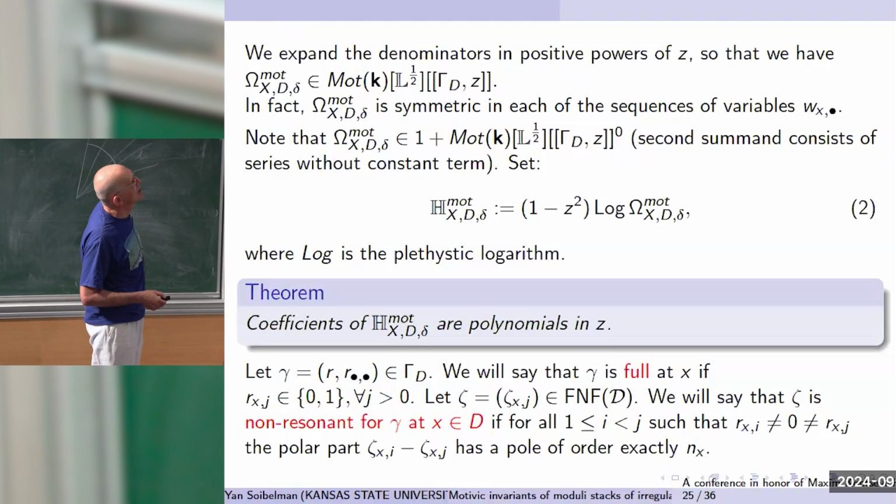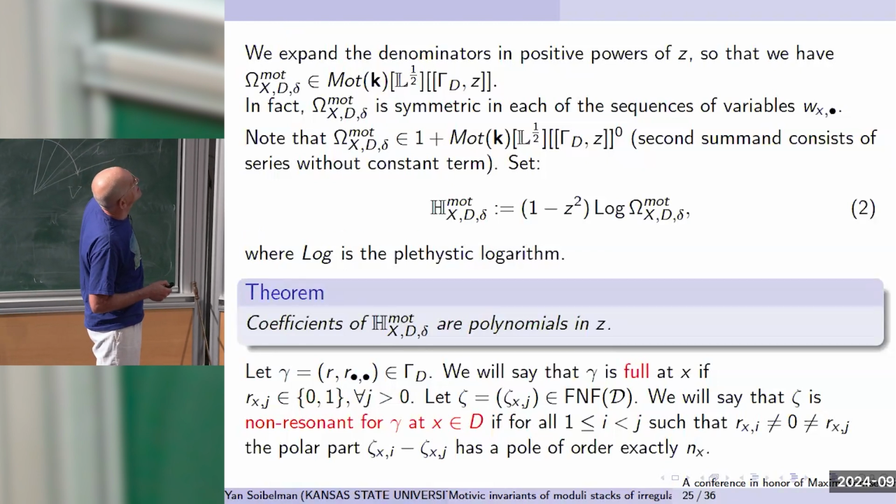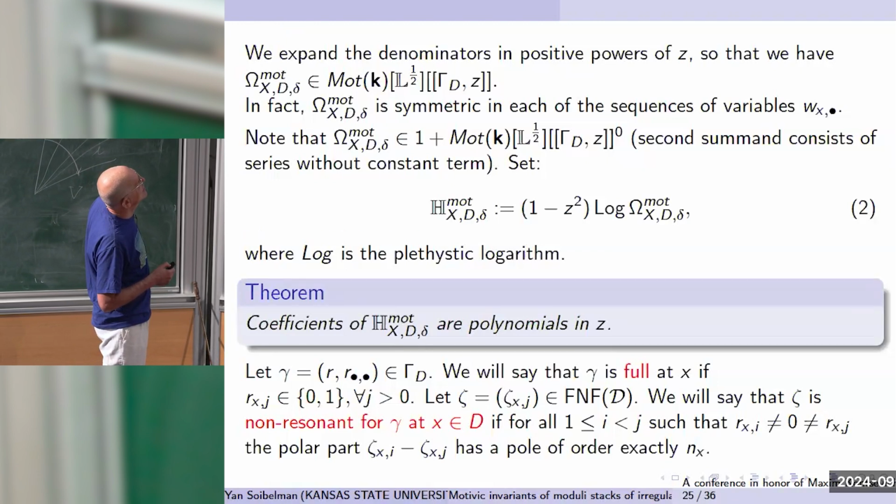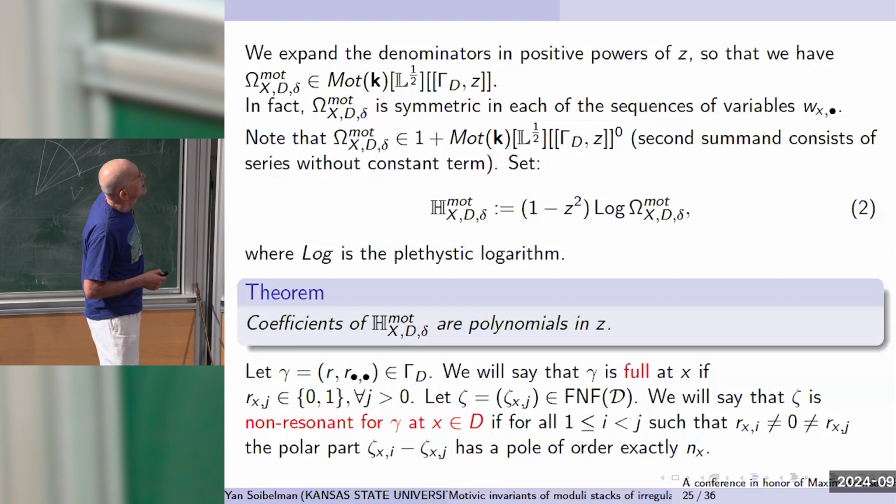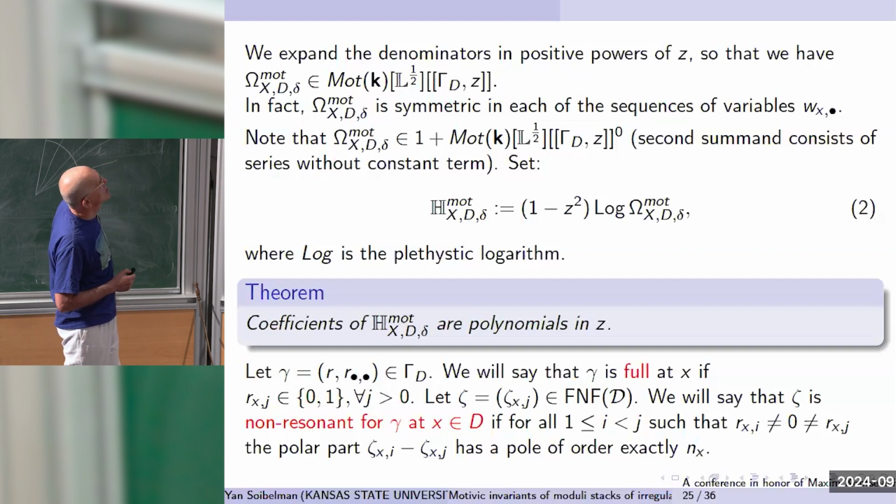You will see. All right, so these generating functions start with 1, so it's up to some factor. Well, I can take the logarithm, the plethystic logarithm of it, all right? So this omega mod is a plethystic exponent of something.